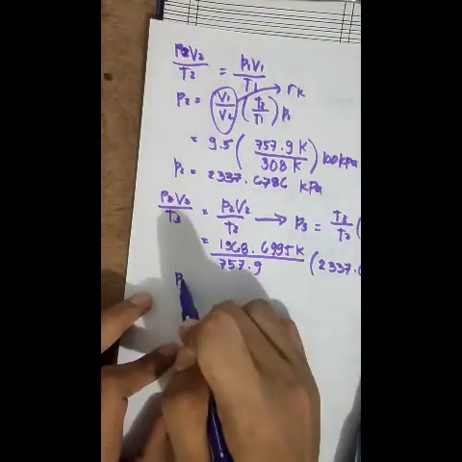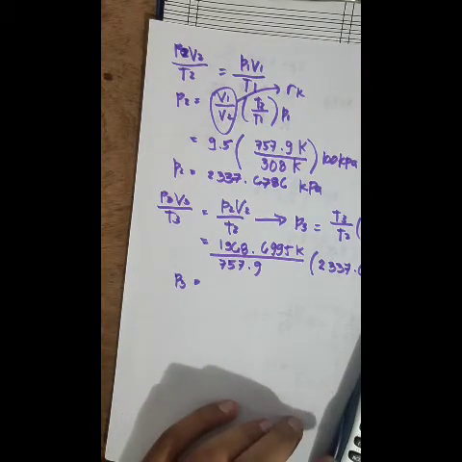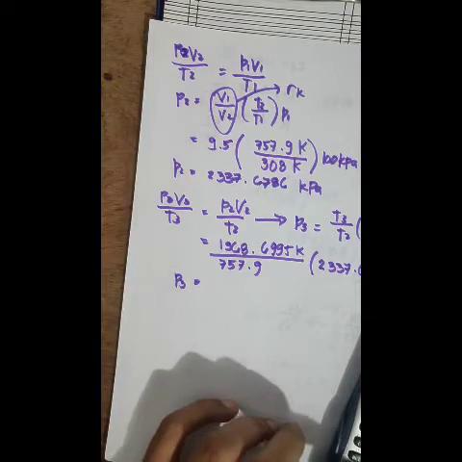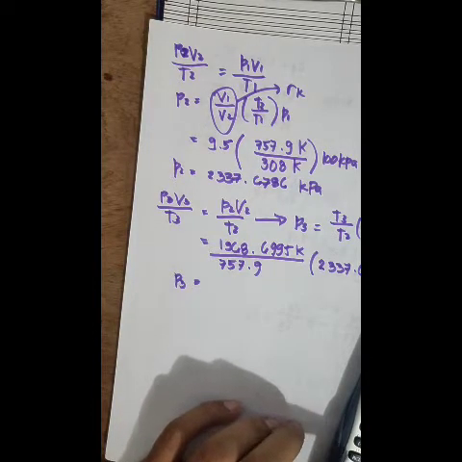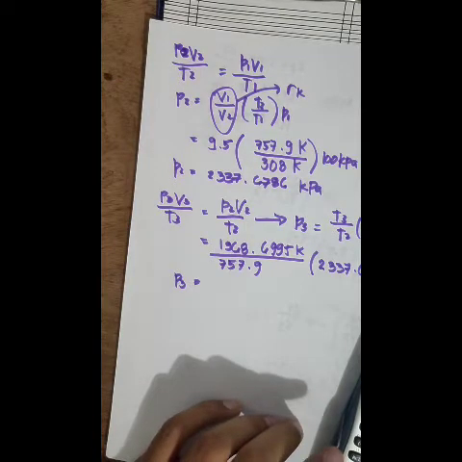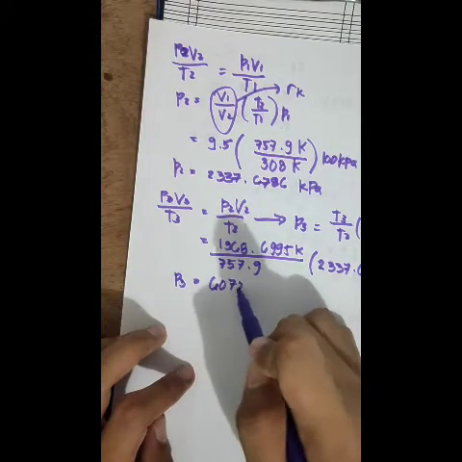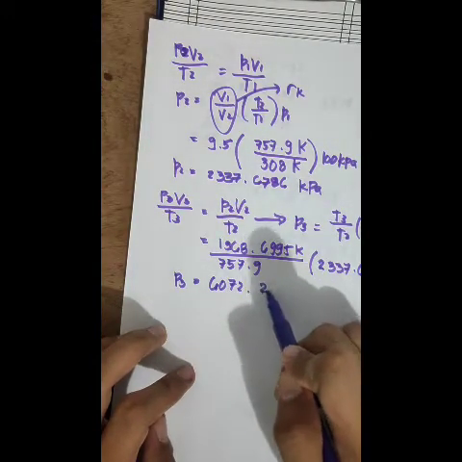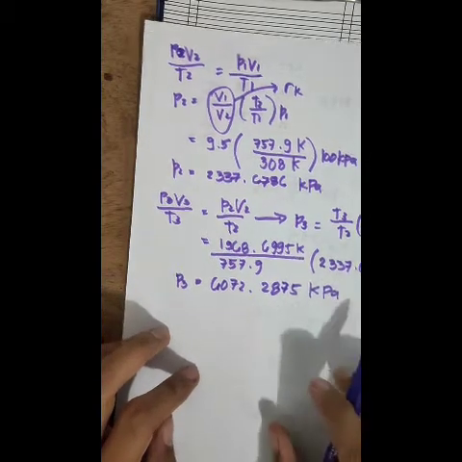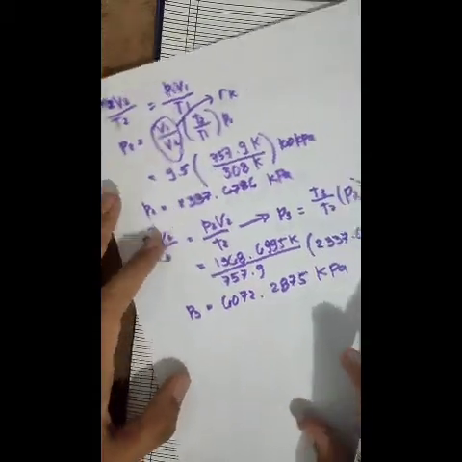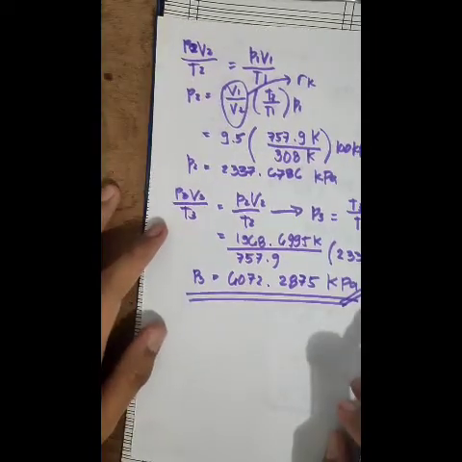So P3 is equal to 1968.6995 over 757.9 times 2,337.6786 is equal to 6,072.2875 kilopascal. So this is the highest pressure in the cycle.